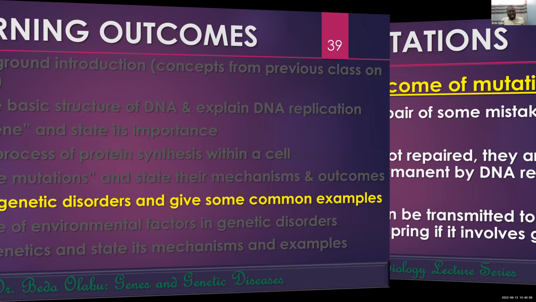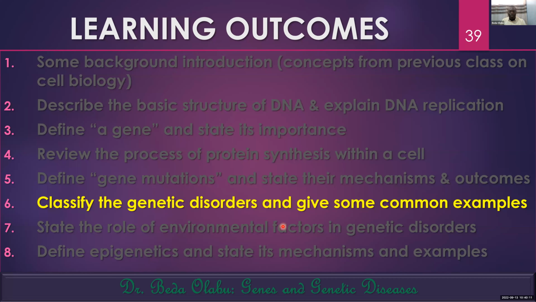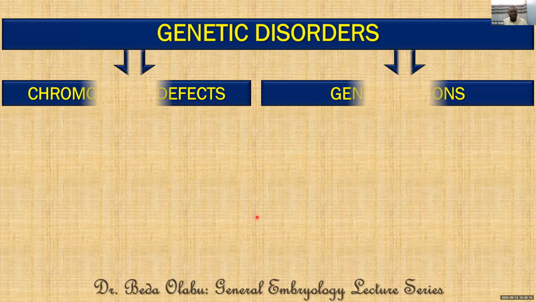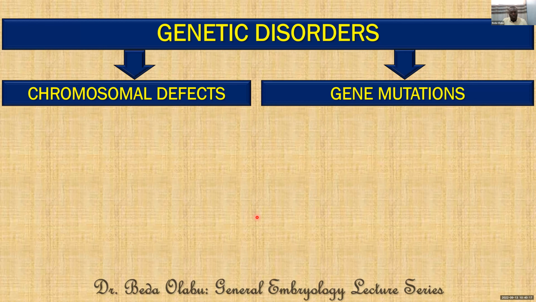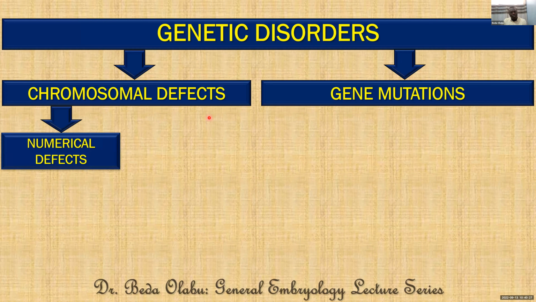Okay, now let's classify genetic disorders and give some common examples. We can classify genetic disorders depending on the cause. Some of them are caused by chromosomal defects, the defects in the chromosome. And some of them are caused by defects in gene mutations. The chromosomal defects are classified into two.